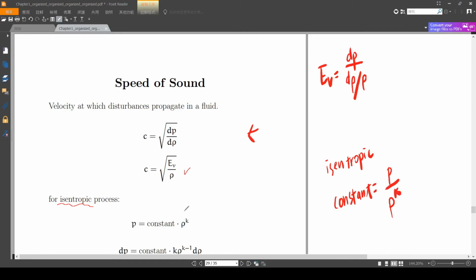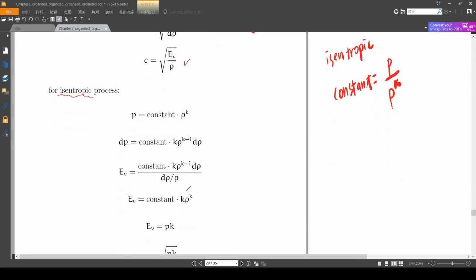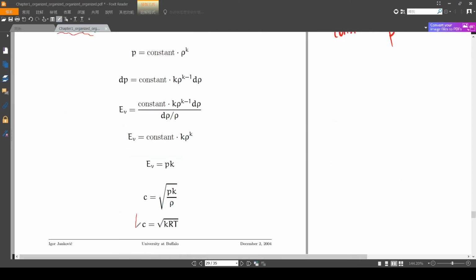So now following is the derivation. He just wants to show you that the speed of sound finally will equal the square root of K times R, which is the gas constant, times the absolute temperature.